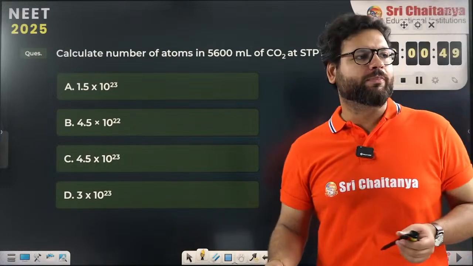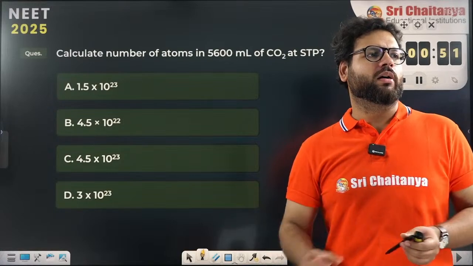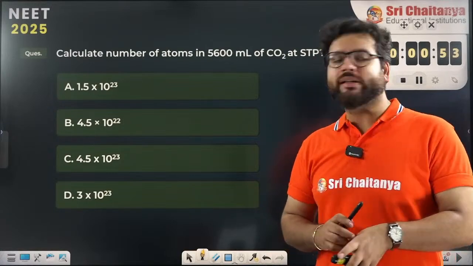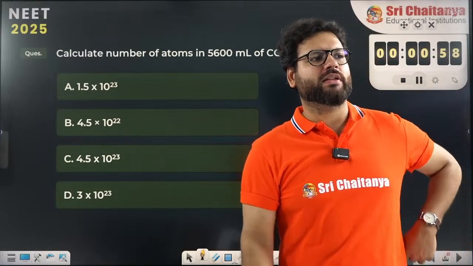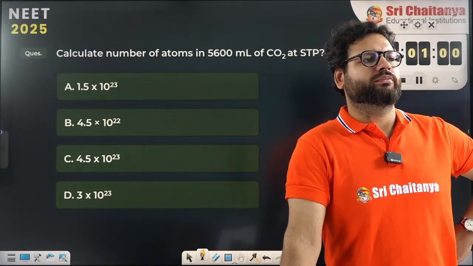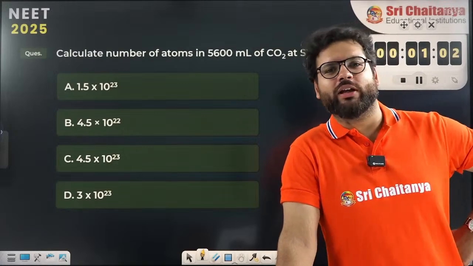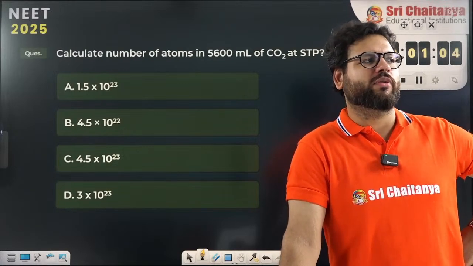And the time is up. Someone says D, someone says C, someone says B, A or D. How can two answers be there? It has to be one answer.